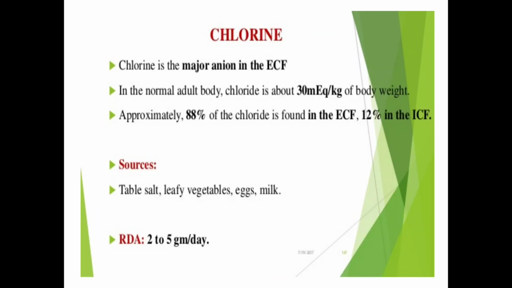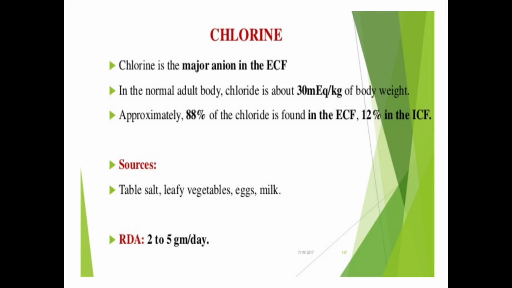So next is chlorine. Sodium and potassium are over. Chloride is the major anion in the extracellular compartment. So which one is the intracellular? Only potassium. In the adult body, chloride is about 30 milliequivalent per kg body weight. Approximately 88% of chloride is present in extracellular fluid and 12% in ICF.